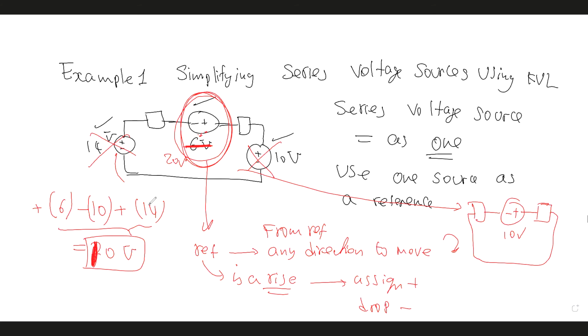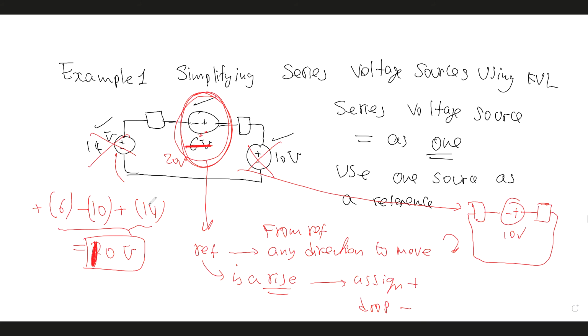You can even combine dependent sources, but I usually prefer not to combine dependent sources, leave them alone. But independent sources, you can combine voltage sources as long as they are connected in series. Any question about this example?